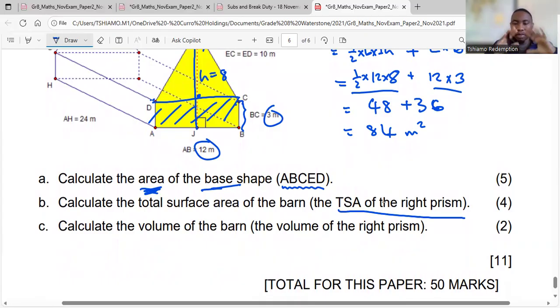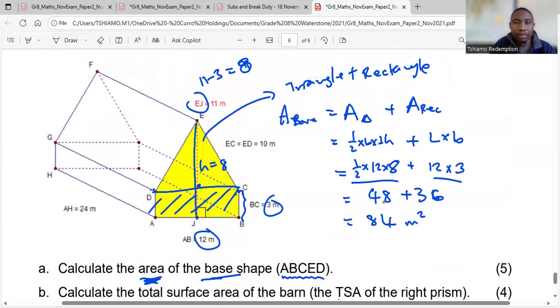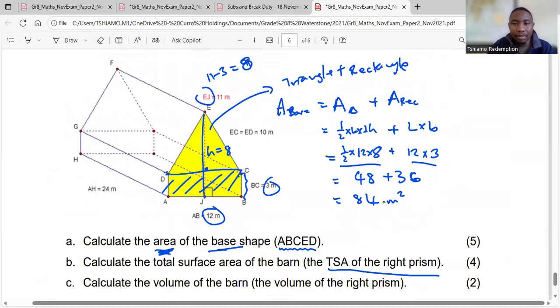Remember, a cube has 6 faces, so we add the area of all the faces. So this is what I'm going to do here. Let me just get more space. So we have the base as 84. I'll write it here. The base is 84 meters squared. And let me just work on this part here.